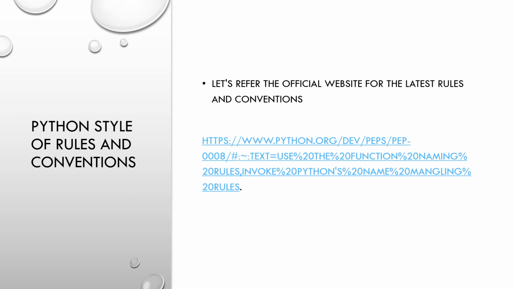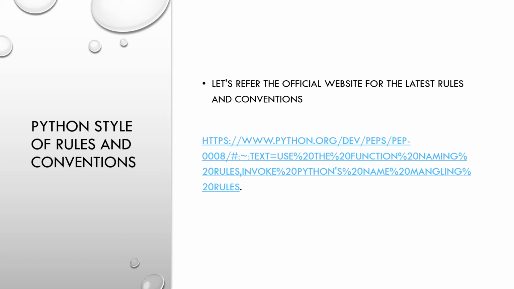In this slide, we have a topic called Python style rules and conventions. Let's say any language, for example English or Tamil or Hindi, right? Each and every language has its own way of delivering information to another person. The style and structure, or the grammatical explanation or syntax of that language, can vary.